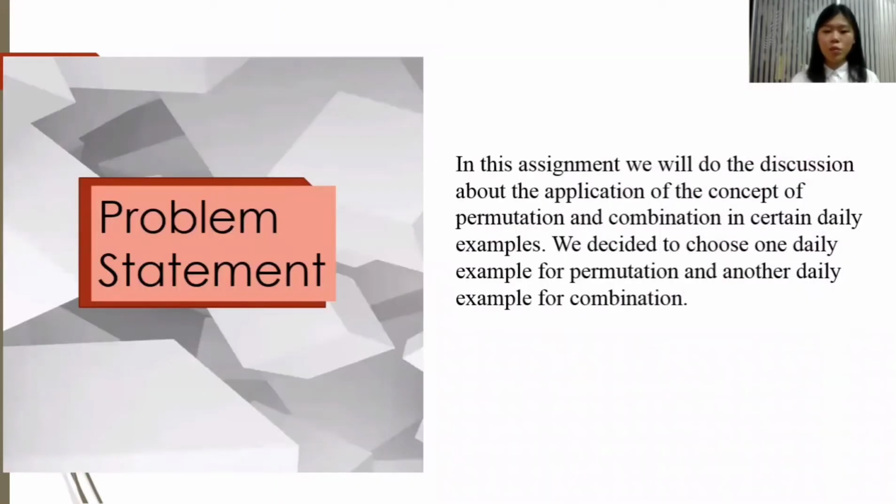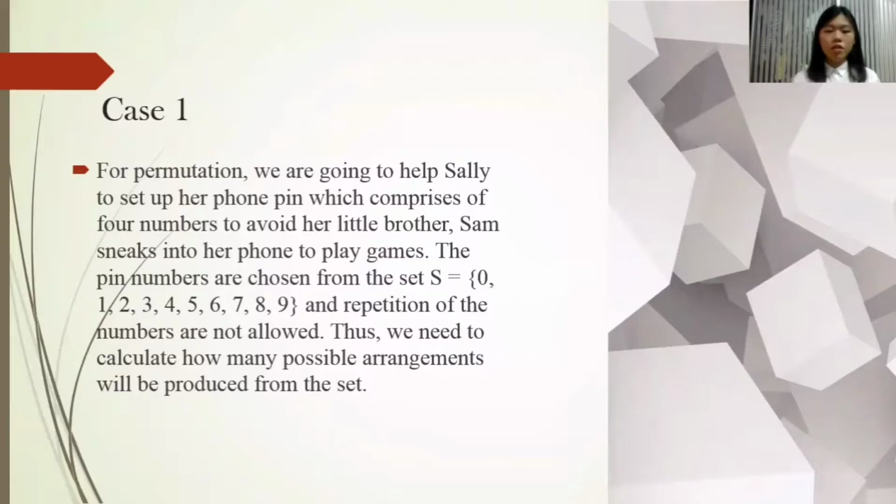So in this assignment, we will discuss the application of the concept of permutation and combination in certain daily examples. We decided to choose one daily example from permutation and another daily example from combination. For permutation, we are going to help Sally to set up her phone PIN, which comprises 4 numbers, to avoid her little brother Sam sneaking into her phone to play games.